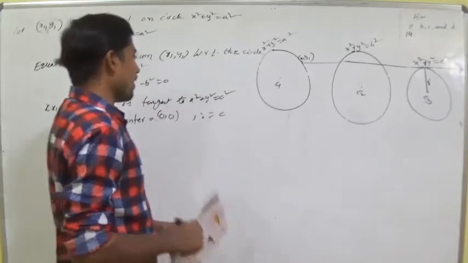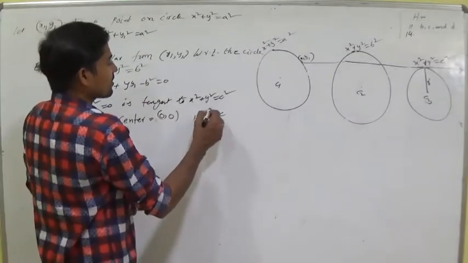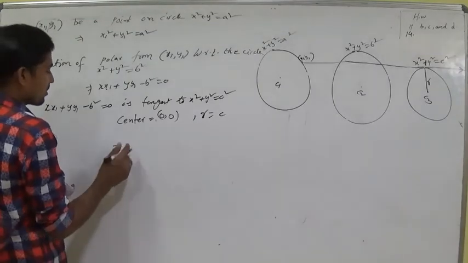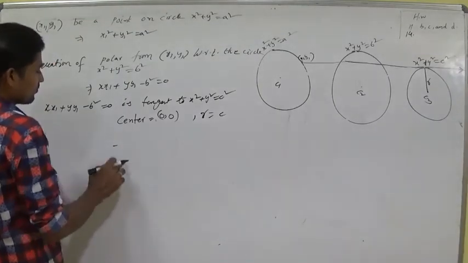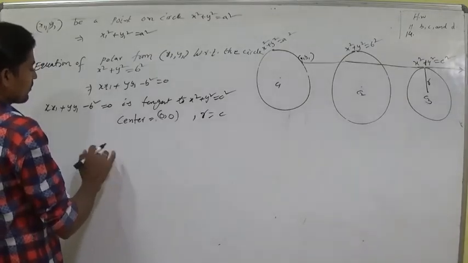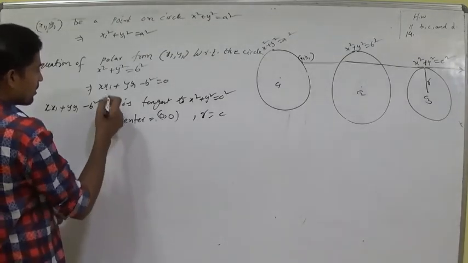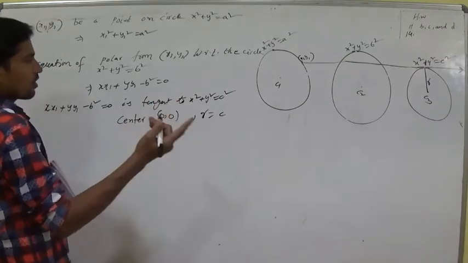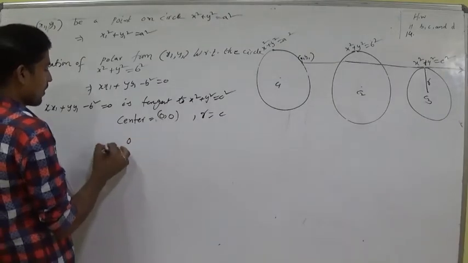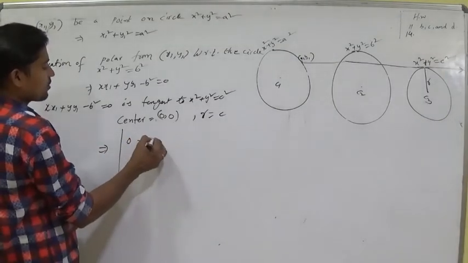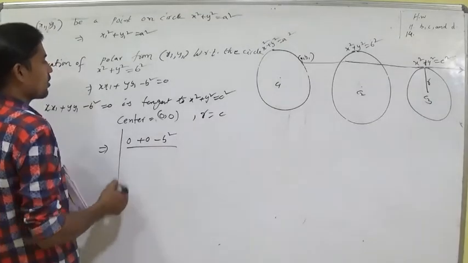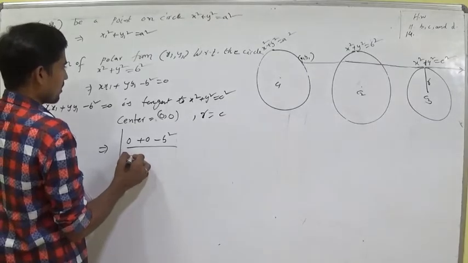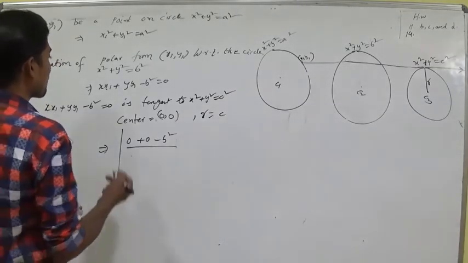Clear? So I have to find the perpendicular distance from the center to that line. The center is (0, 0), so the terms become 0. That implies modulus of (0 + 0 − b²) by the square root of x1² + y1².